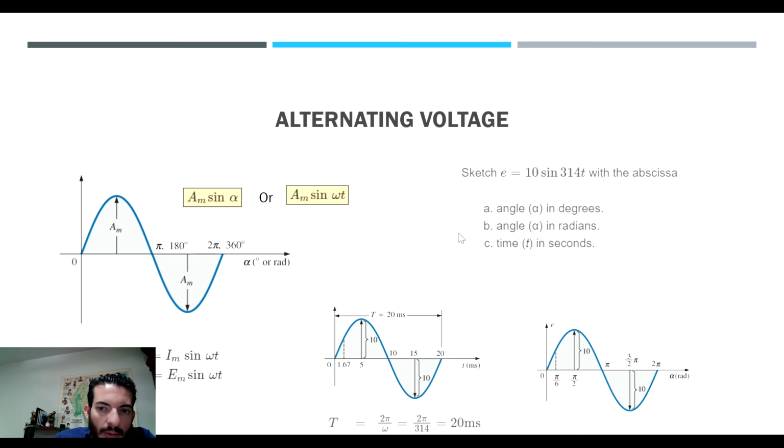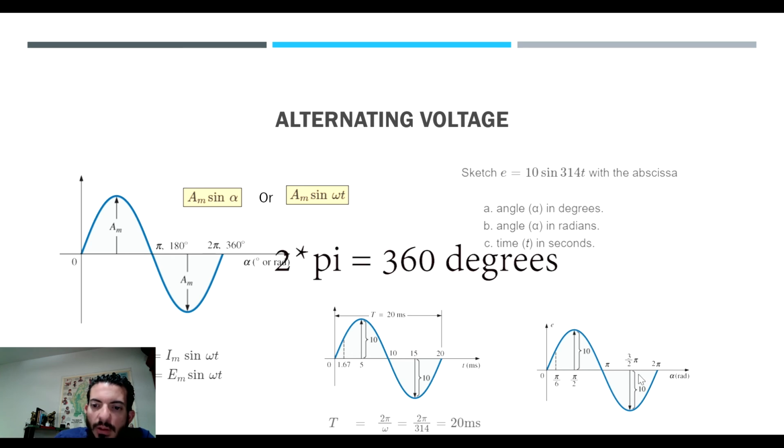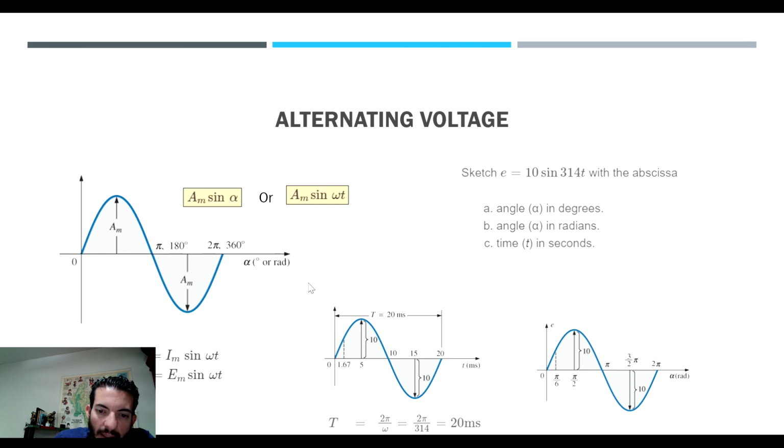So this is very simple. Find the angle in radians. That should be pretty simple as well. We know that 180 is pi and 2 pi is 216, and pi over 2 and 3 pi over 2 are the middle points. And the time in seconds, we also did that, which is 20 milliseconds. So one period takes 20 milliseconds.